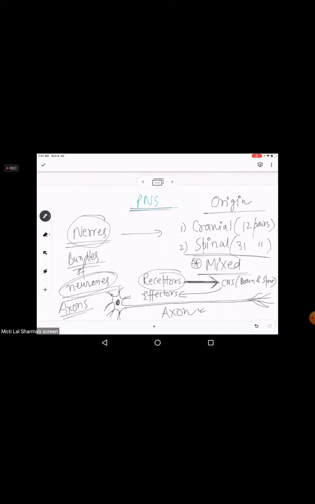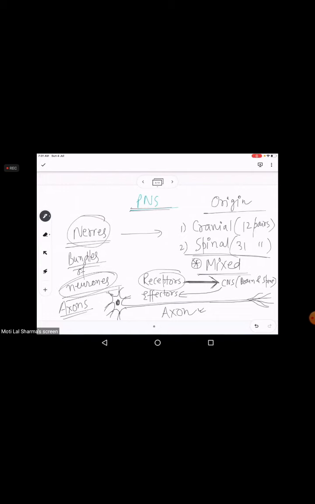So who does the initial perception of that hitting? Your receptors. They will perceive, oh, somebody has hit. And only knowing is not enough. The moment somebody hits you on your back, those receptors get stimulated.